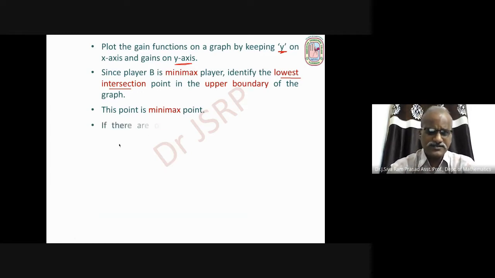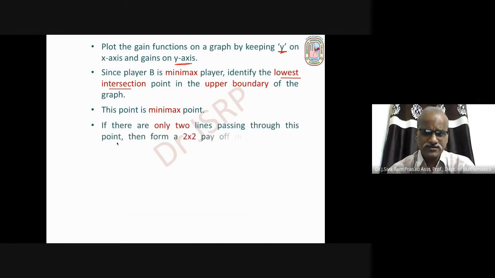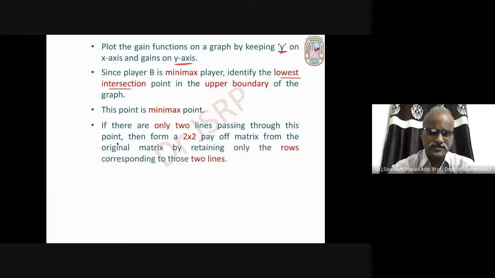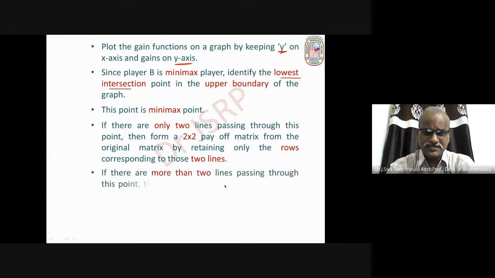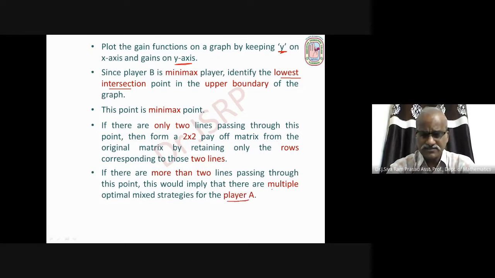If there are only 2 lines passing through this point, then form a 2 by 2 payoff matrix from the original matrix by retaining only the rows corresponding to those 2 lines. If there are more than 2 lines passing through this minimax point, this implies that there are multiple optimal mixed strategies for player A. How to find these multiple optimal mixed strategies?